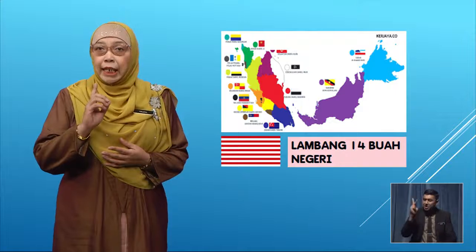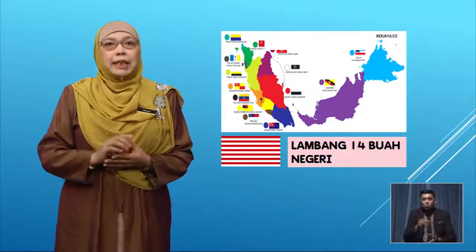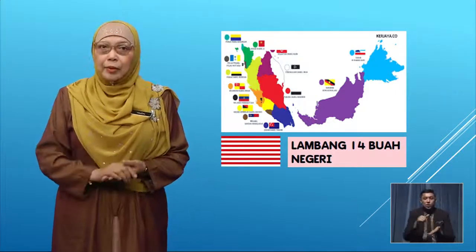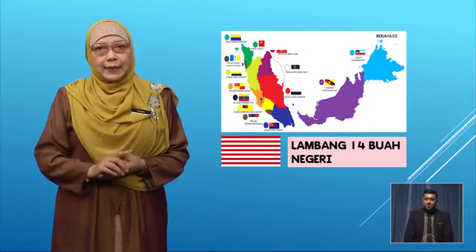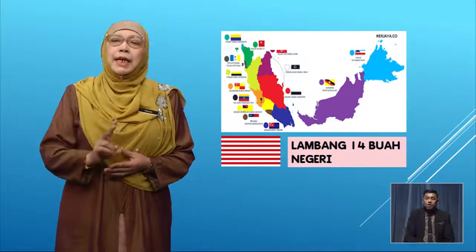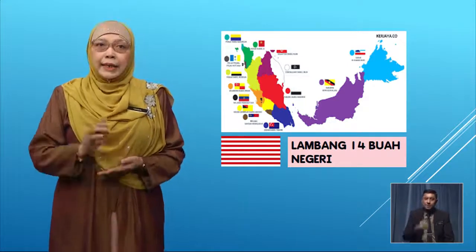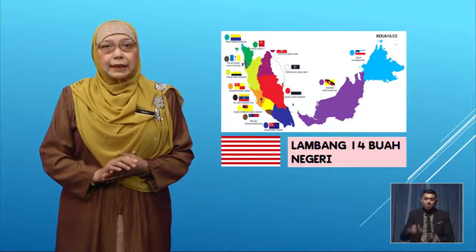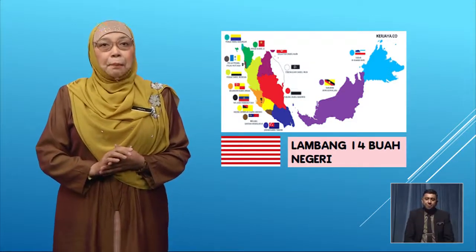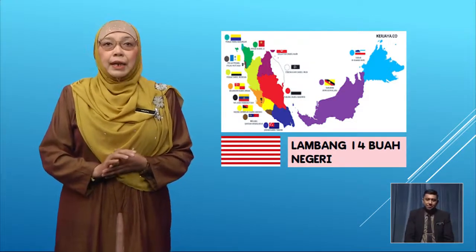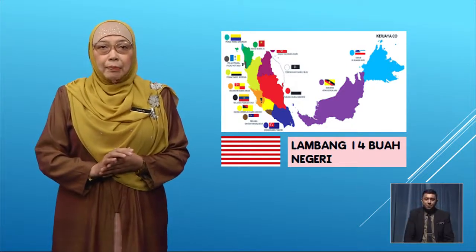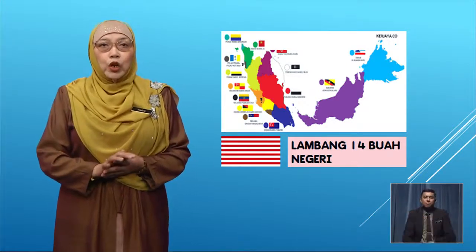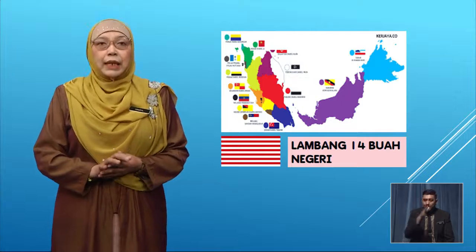Apakah negeri-negeri itu, murid-murid? Negeri-negeri itu ialah: pertama, Perlis. Kedua, Kedah. Ketiga, Pulau Pinang. Keempat, Perak. Kelima, Selangor. Keenam, Negeri Sembilan. Ketujuh, Melaka.